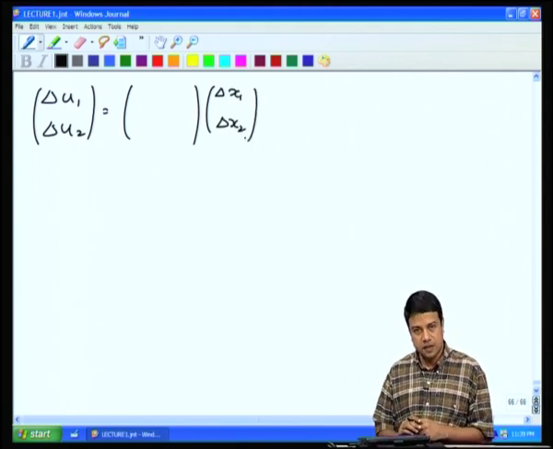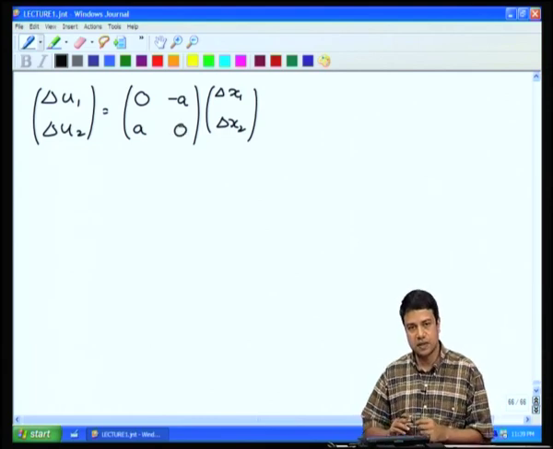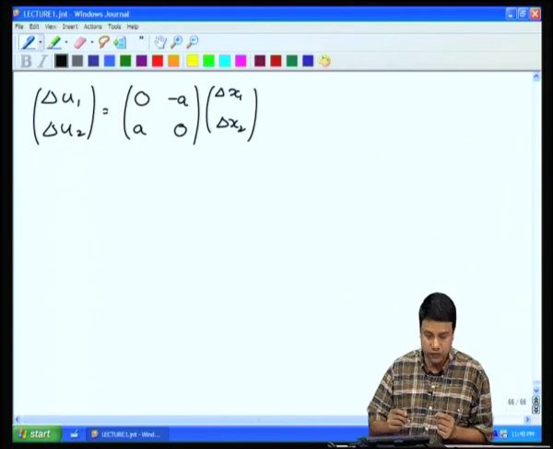This tensor is antisymmetric. So, in general I can write this as 0, minus a, a, and 0. So, this is an antisymmetric tensor times delta x 1 delta x 2 gives me the relative velocity with which nearby points in the fluid are moving.